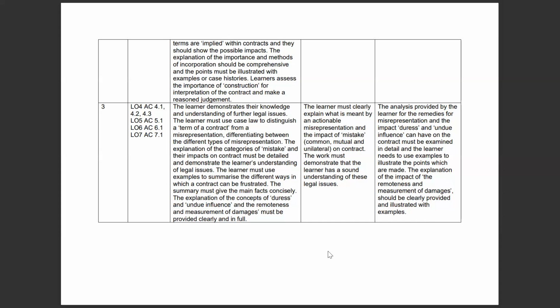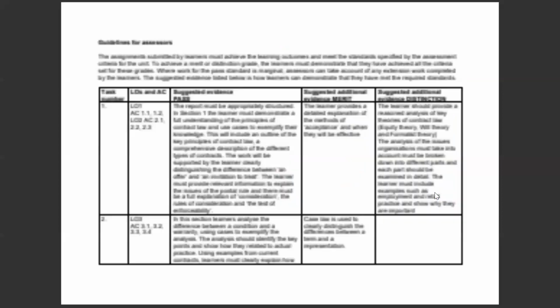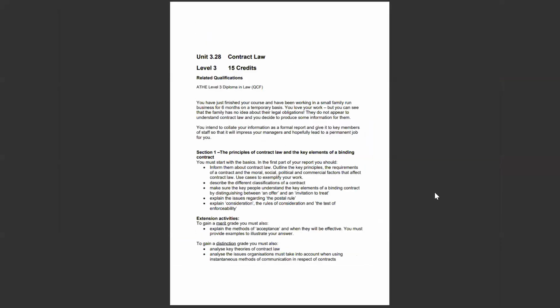So make sure that when you are doing these tasks in each section that you are able to identify the extension activities with reference to illustrating your answers with case examples. And we've looked through case examples, but also on the slides, there are case examples there that you could look at.